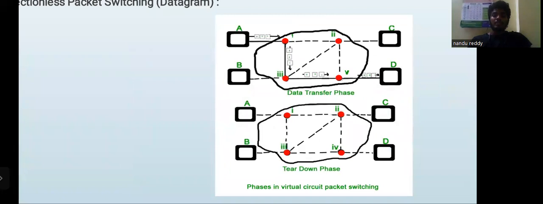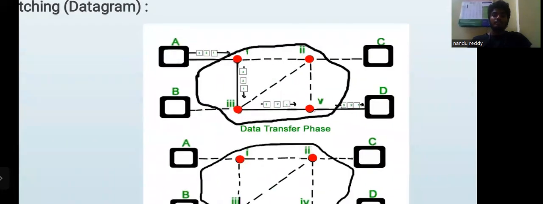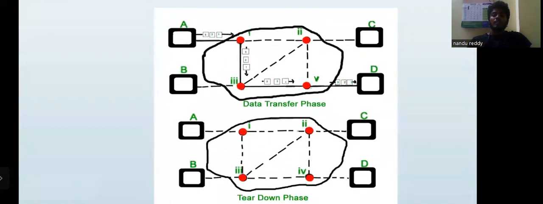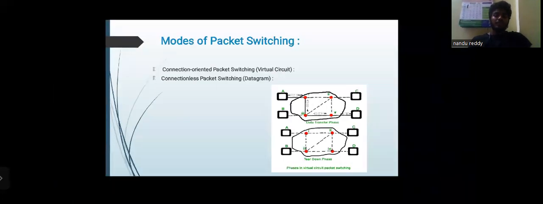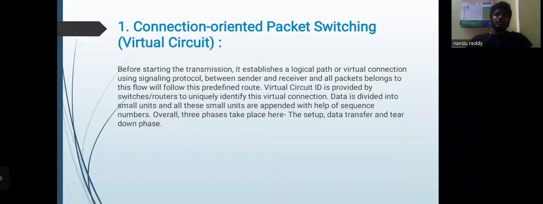This shows the data transfer phase and the tear down phase. The data is all sent in this manner. This is all about the modes of transfer. Let's go on to the next.